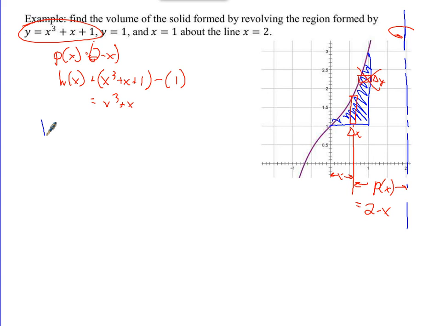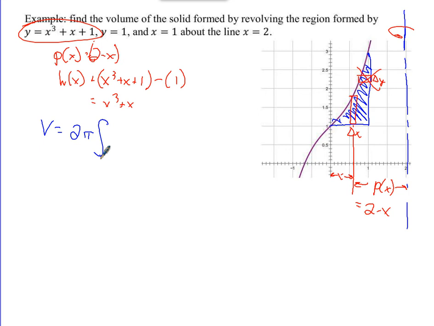V equals what? It's the shell method, so it's 2 pi integral from... We need to take the y equals 1 bound, solve for where the x is at. We're just going from 0 to 1.